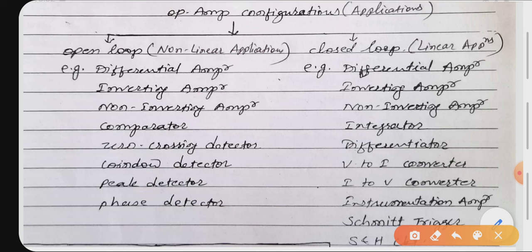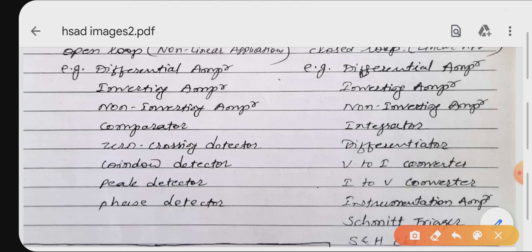In your syllabus, linear applications like inverting amplifier, non-inverting amplifier, instrumentation amplifier, Schmitt trigger, sample and hold circuit, then V2I, I2V converter, then we have seen the precision rectifier, half wave and full wave rectifier.